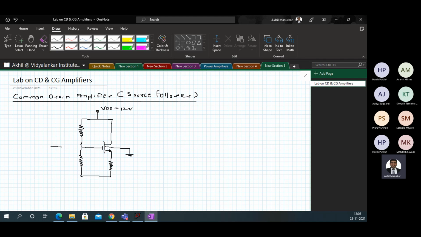So input we are going to still give at the gate itself.